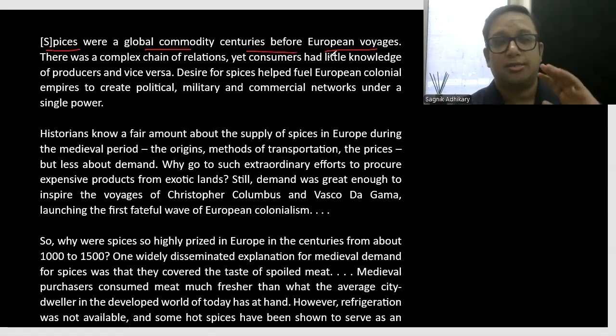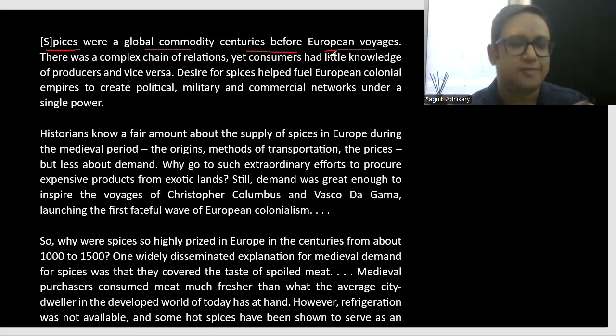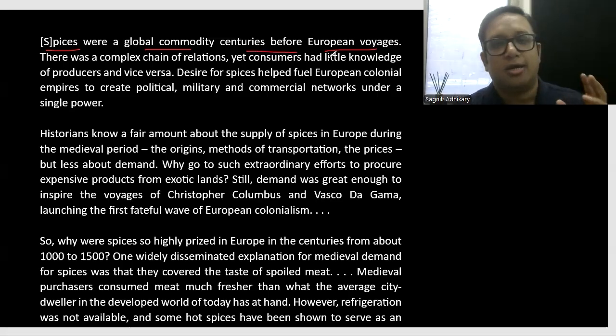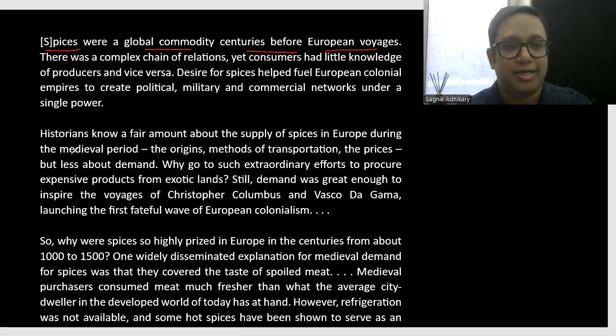This talks about the spice trade in the past, particularly from the European perspective. The passage is written from the European perspective, or the author speaks rather aligned with the European perspective. But we see the medieval period actually introduced here in the second paragraph. The first paragraph is more of a historical perspective in general.